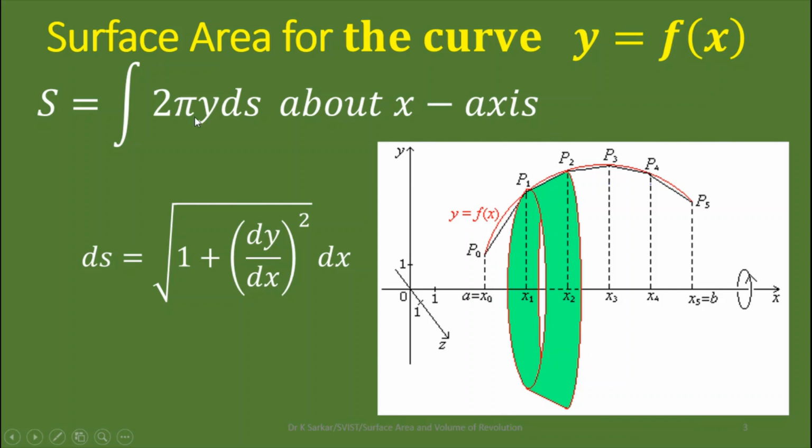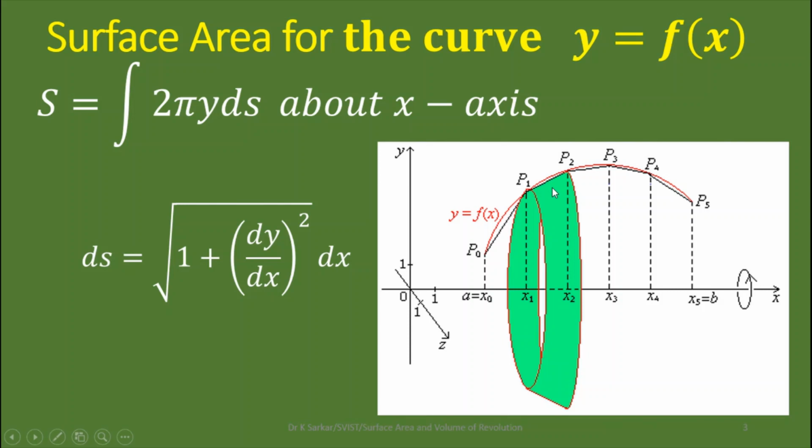So that is integration 2 pi y ds. How? The circumference is 2 pi y. Y is variable, so at x1 y is x1P1, at x2 y is x2P2.